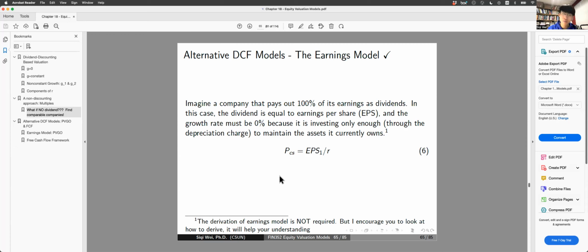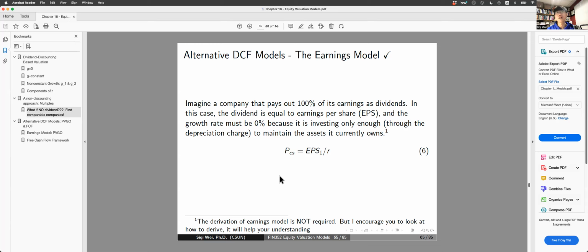We want to establish the firm value in the first place and then back out the share price. Again, to do that, we want to think of a firm value as two components. One is the asset in place, and second is the growth opportunity.